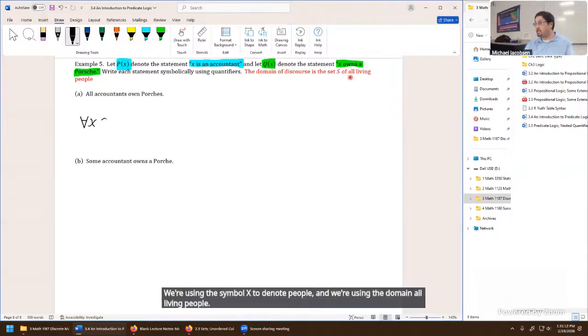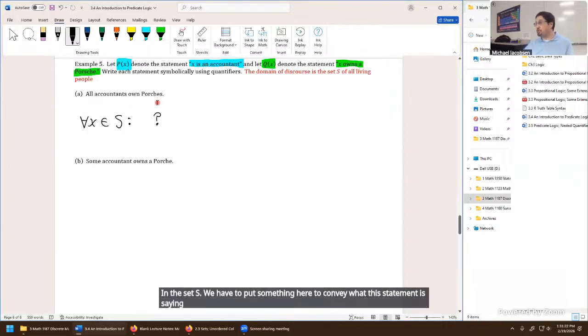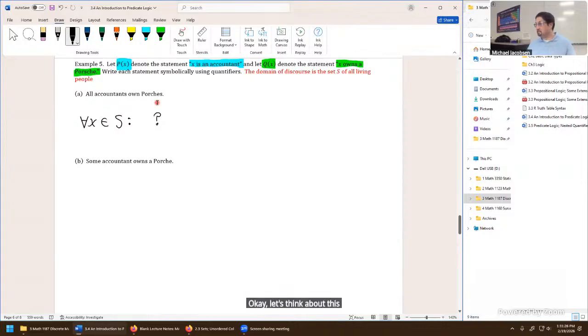So for all X in the set S, we have to put something here to convey what this statement is saying. All accountants own Porsches. Again, let's think about this for a moment. Any volunteers for a suggestion on what we could put down?